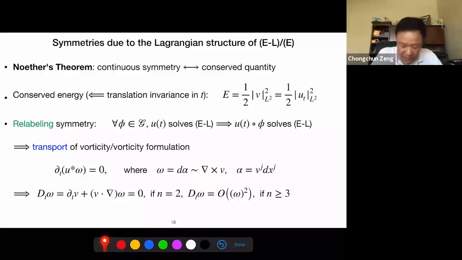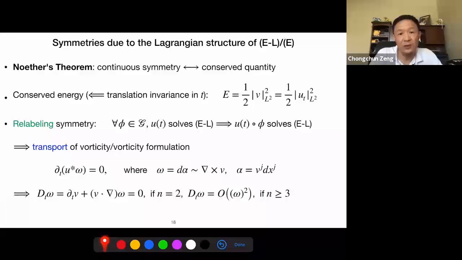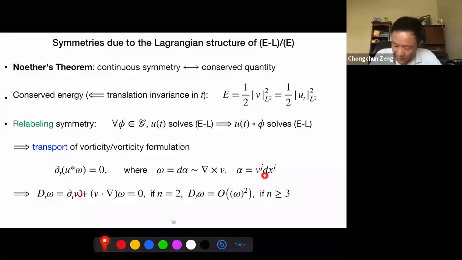But the vorticity is not transported as a scalar as always. In the 2D case, the vorticity, omega, is transported as a scalar. But in higher dimensions, it's transported as a two-form. When you have the velocity, you can also get the momentum.